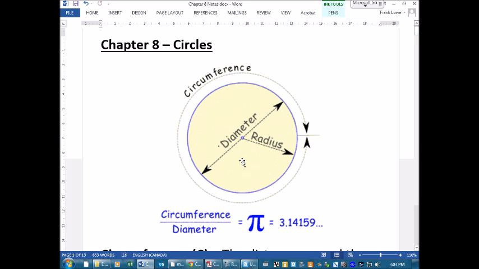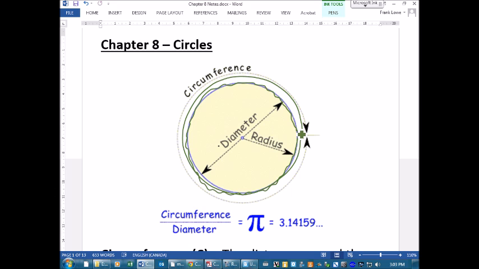And then the other one we're going to look at is the distance all the way around the perimeter. It's shown by these arrows right here. It goes from one point, all the way around the circle, all the way back to the beginning. So it's this outside edge of a circle. Think of a tire on a bike, the tread all the way around that tire, that is the circumference.